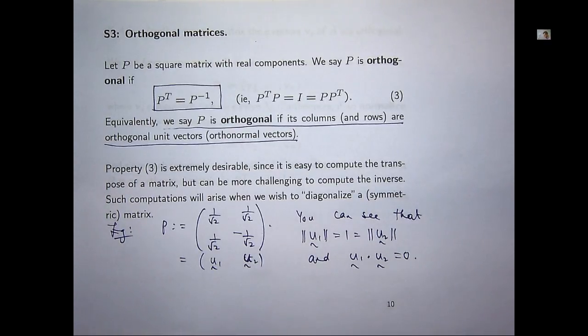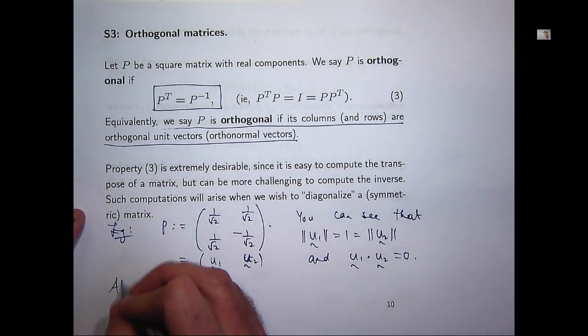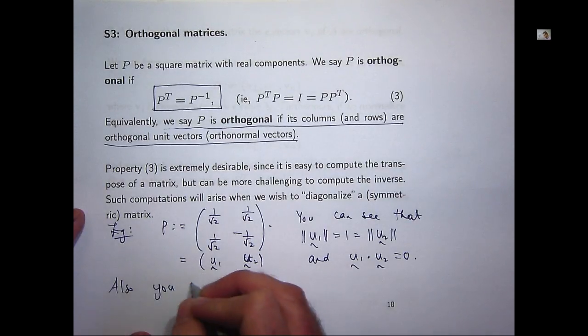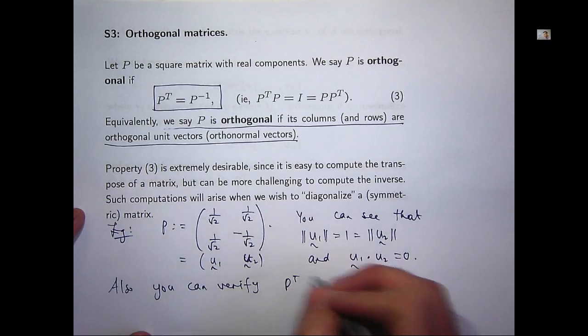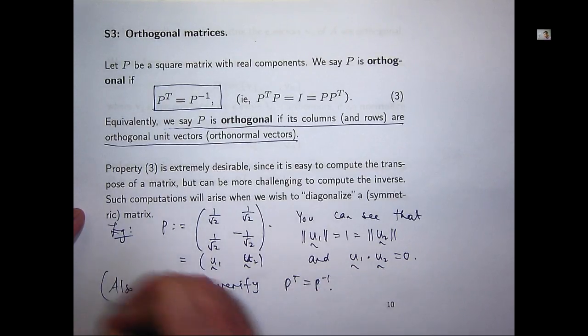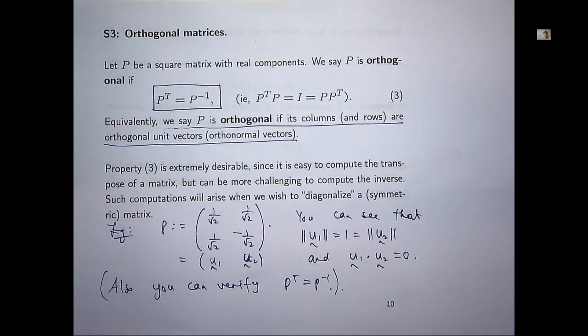It's pretty easy to see that. Now, if you want to, you can also verify that P transpose equals P inverse in this case. To compute the inverse of a 2 by 2 matrix is not that bad. It's not like calculating a 3 by 3 inverse matrix.